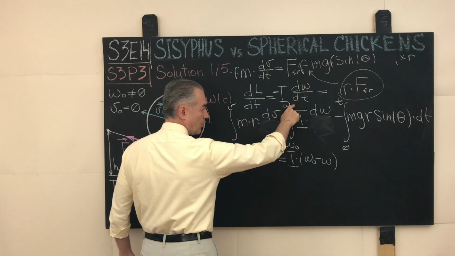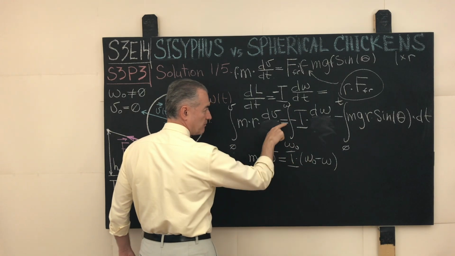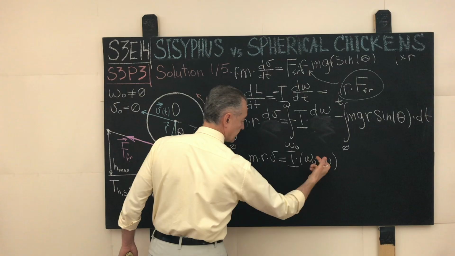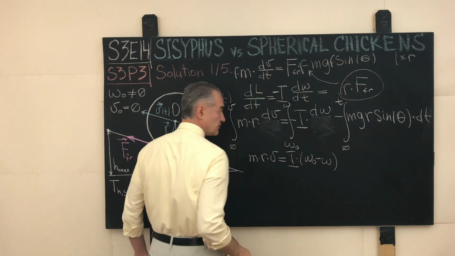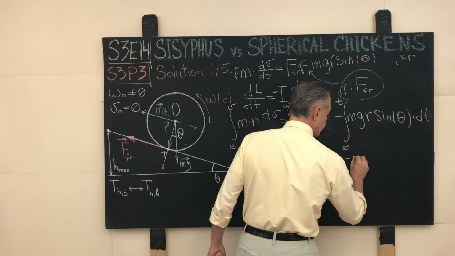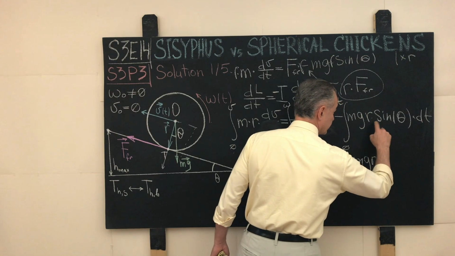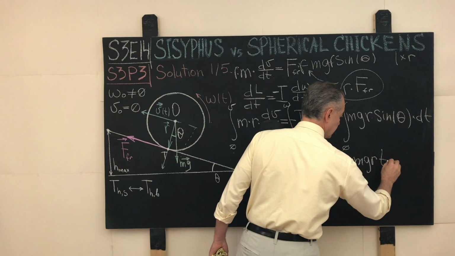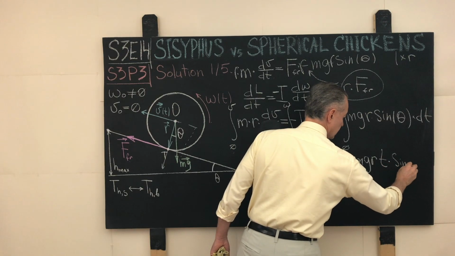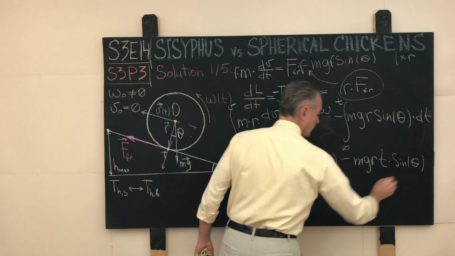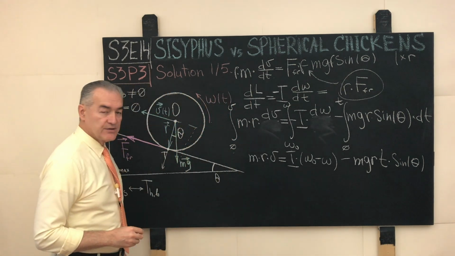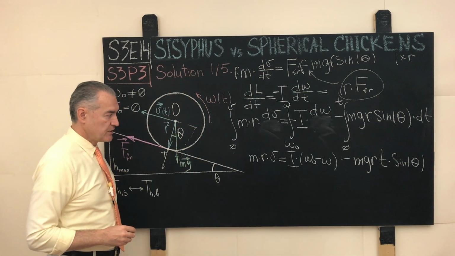I'm sorry, omega minus omega 0, minus in front, signs flip, omega 0 minus omega, minus mg r, again the trivial integral, t times sine of theta. This is our result, very straightforward, nothing complicated.